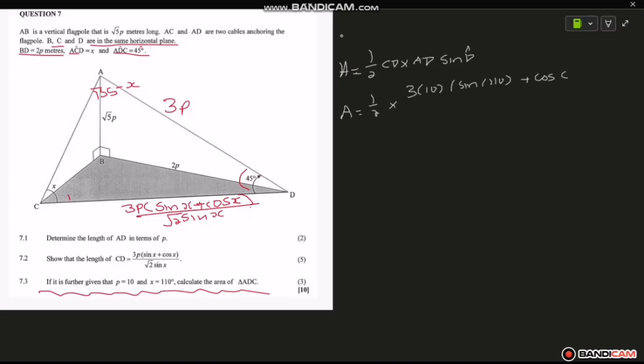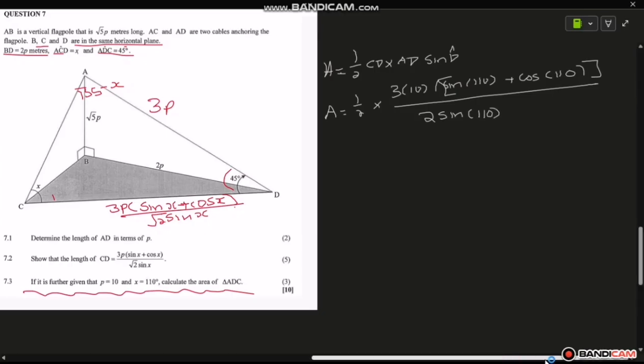plus cos 110. Now, we're not going to have space because we have to continue writing the size of AD and angle D. So this is just CD only multiplied by half. Let me erase it and try to make us a space.